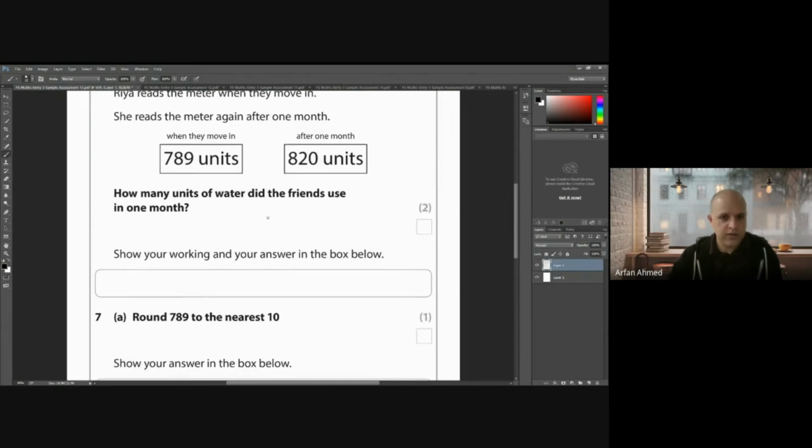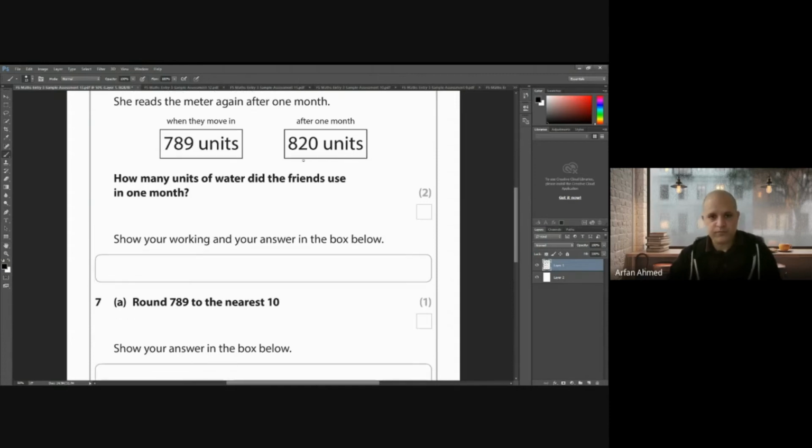So it's the difference, isn't it, between these two values? We've got a calculator, so we can just do 820 minus 789. Let's just use our calculator because we've got it.